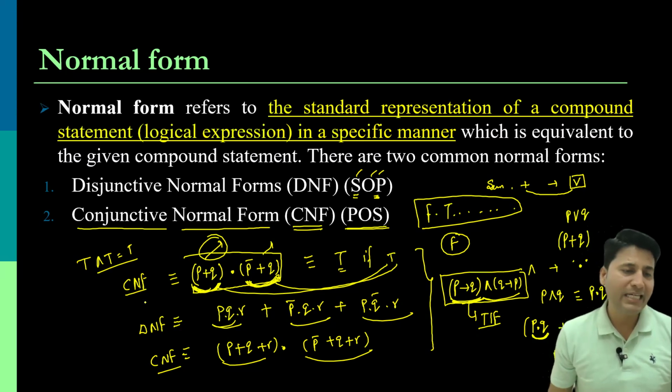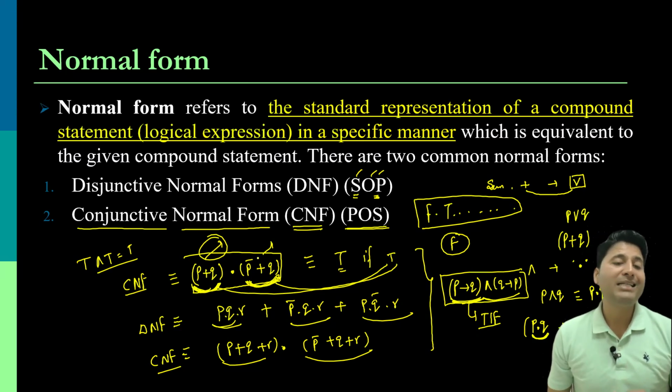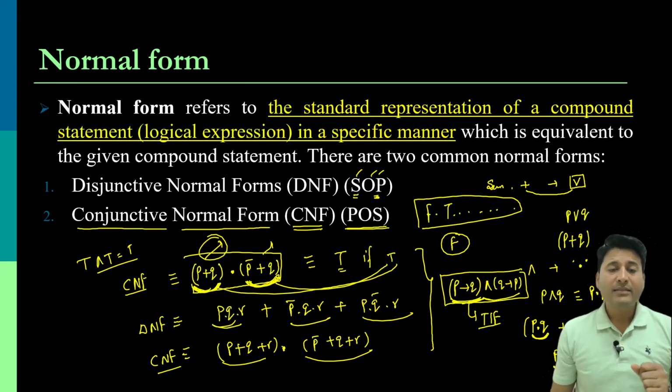But if it is in some CNF, then its truth value can easily be identified by knowing if at least one of them is F, the final truth value will be F. If all of them are T, the truth value is T. This is how we can do it.